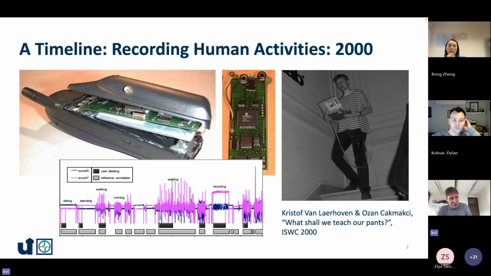And that would result in data that would look different depending on what type of activities I would be doing. So if I would be sitting, that data would look different from when I would be standing or walking or running or bicycling. So that is, I think, for me, the eye-opener in the early 2000s, that this would be quite interesting as a research area.